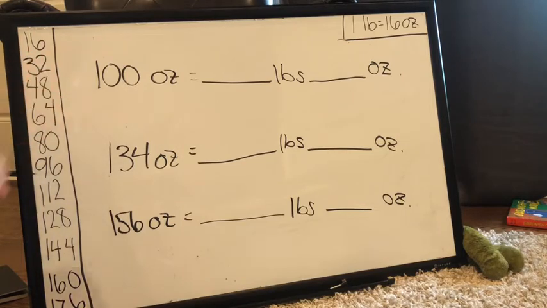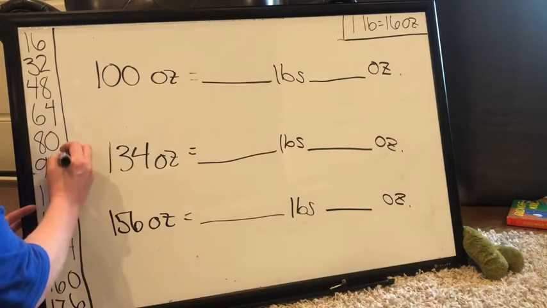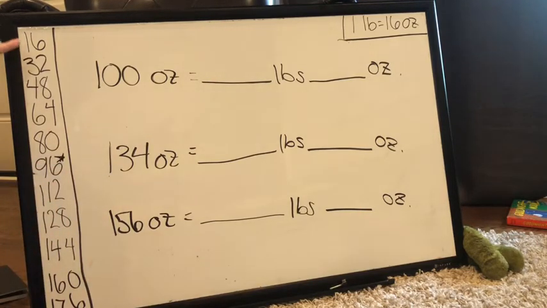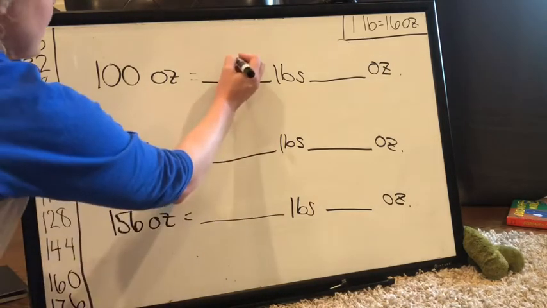Here we go, 100. 16, 32, 48, 64, 80, 96, 112, too far. Go back, we're at 96. That is 1, 2, 3, 4, 5, 6 pounds.